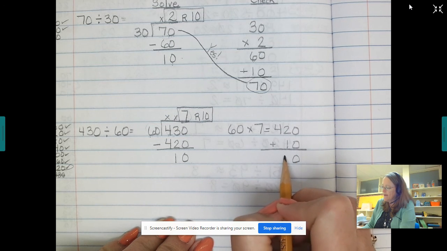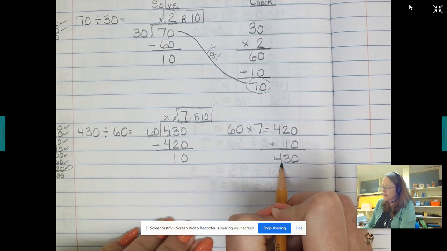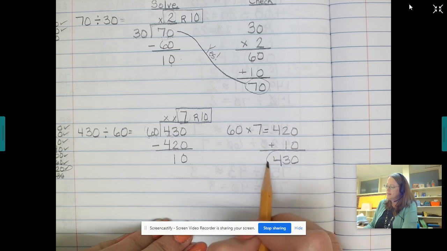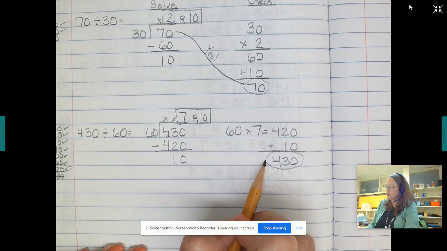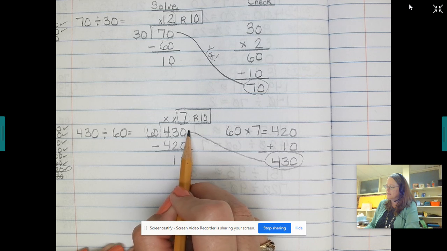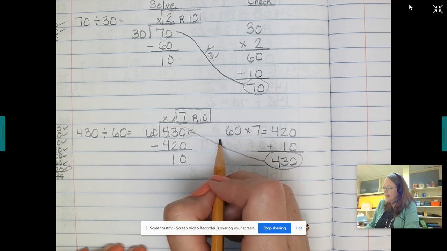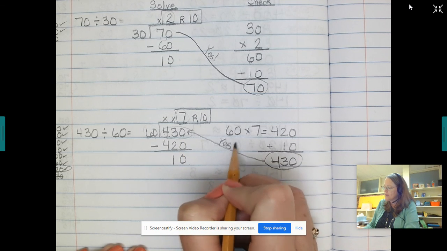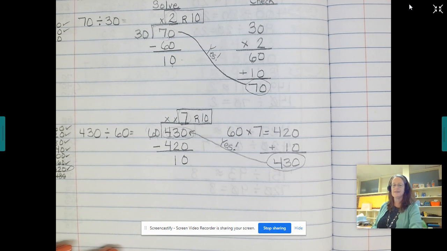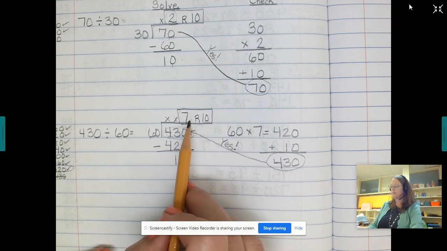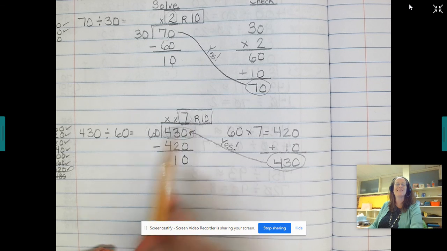And now I have 430. Does this match my dividend? Yes, it does. So that means, if it matches, that my quotient is correct.